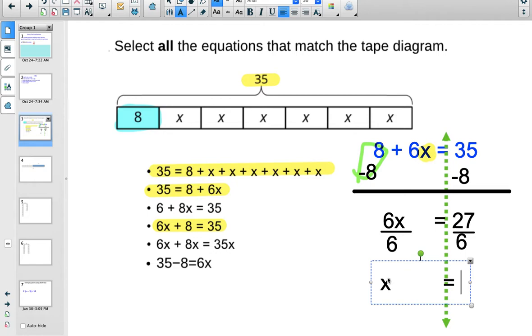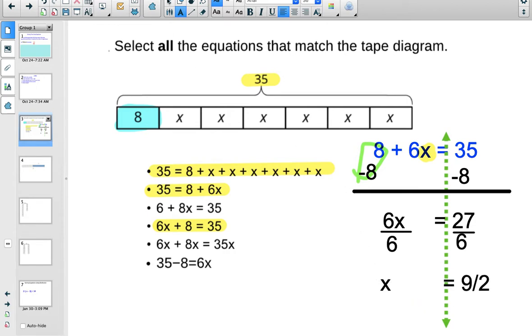Well, that could be reduced. Divide by 3, right? So that would be 9 over 2. So I get 9 over 2.